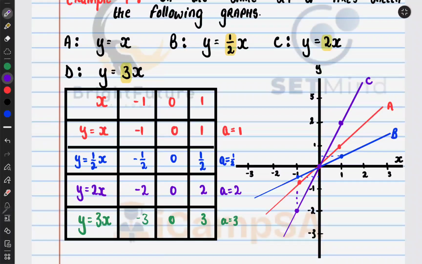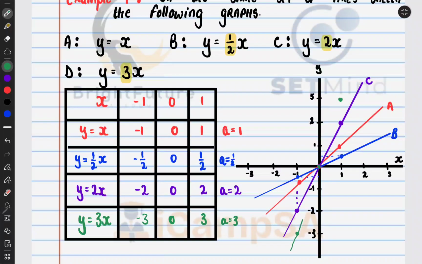Okay, let's quickly plot the last one. y is equal to 3x. We are still increasing the value of what? The value of a. So where x is equal to -1, y is equal to -3, we are now here. And then 0. And then where x is equal to 1, y is equal to 3.